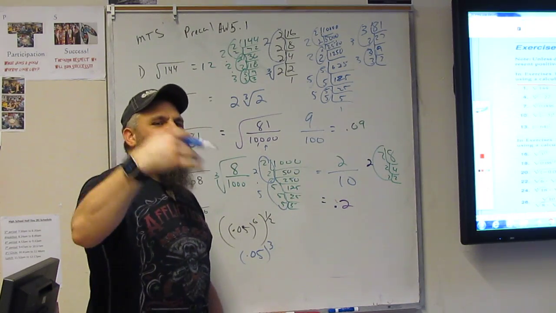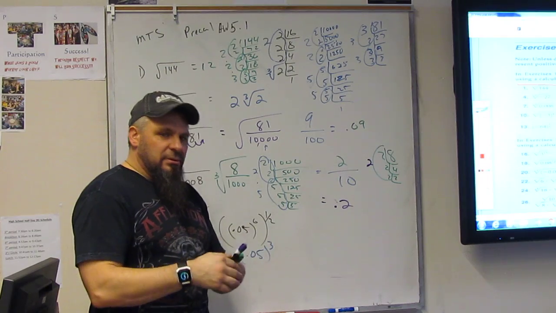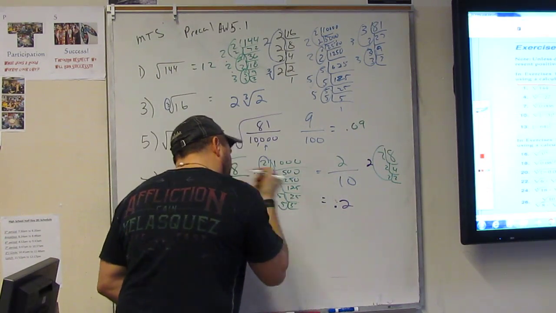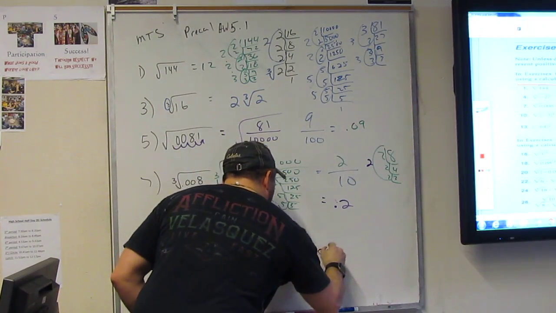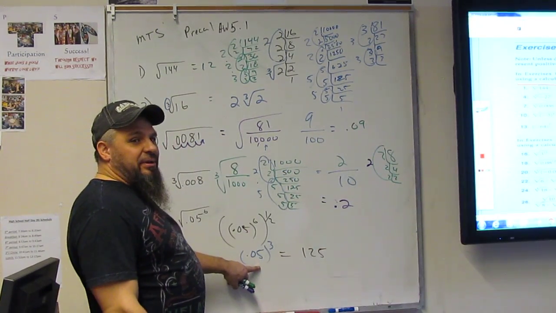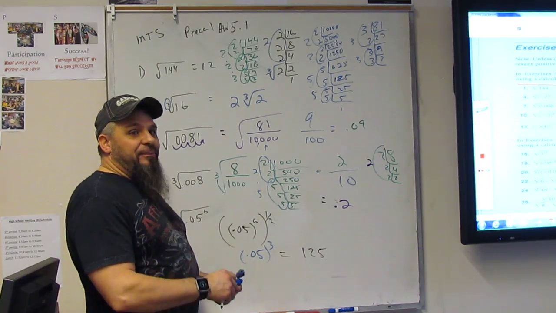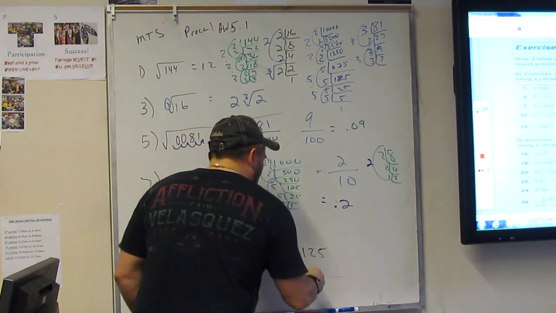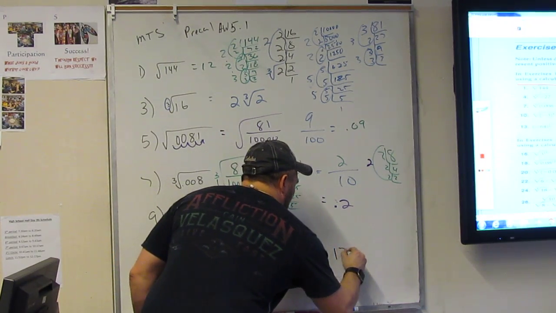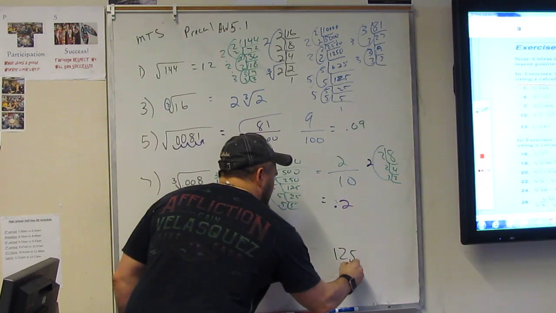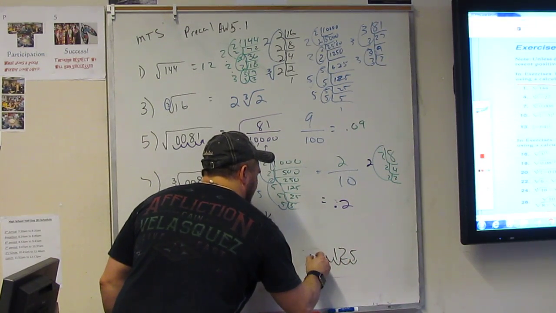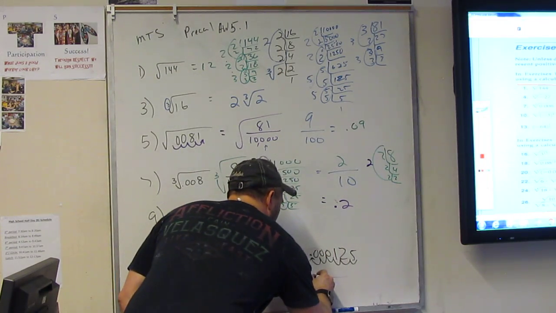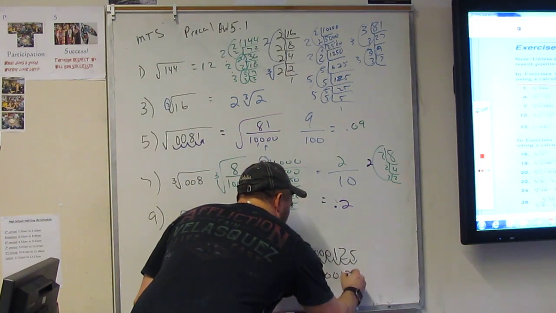So what is 5 times 5 times 5? 125. But how many decimal places are there? 2, right? So that means 3 times 2 is 6. So it's actually going to be 125 and then 1, 2, 3, 4, 5, 6 and then fill in the zeros. So we're going to end up with 0.000125.